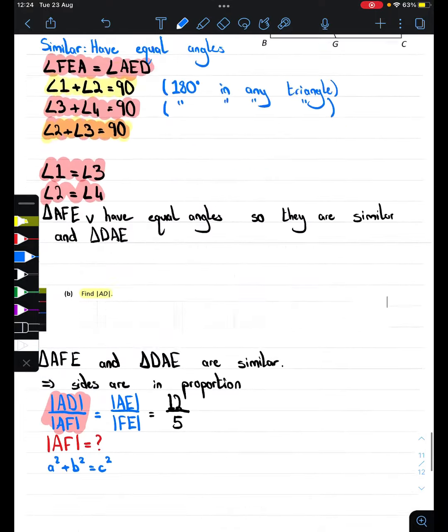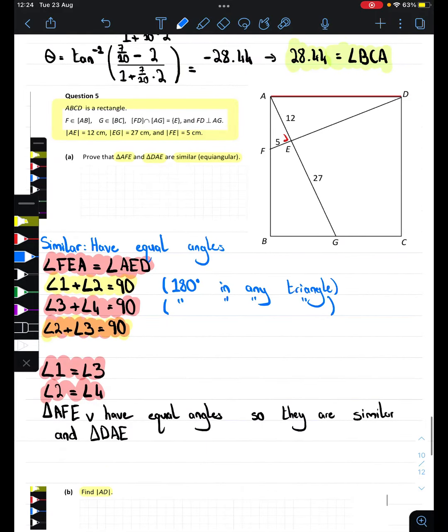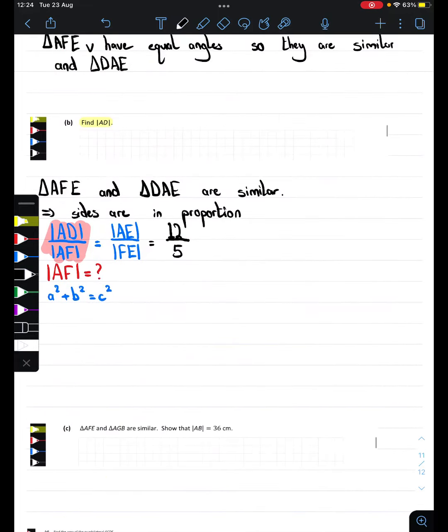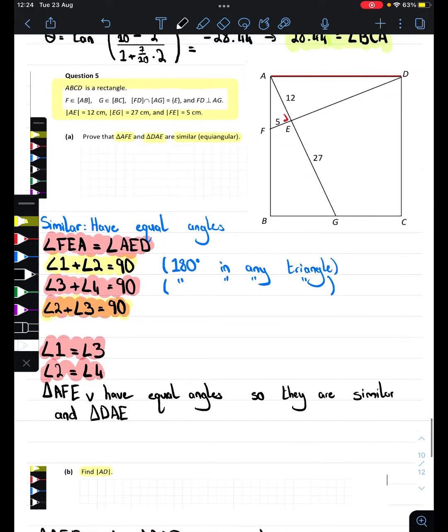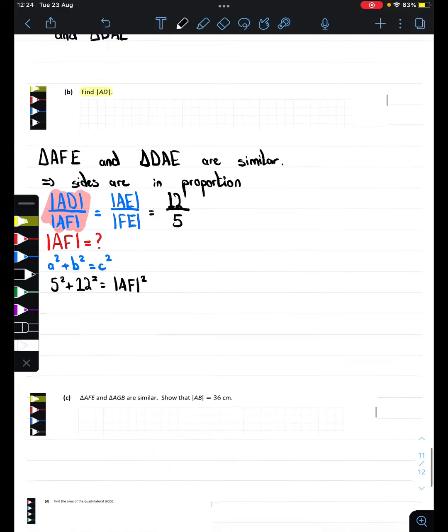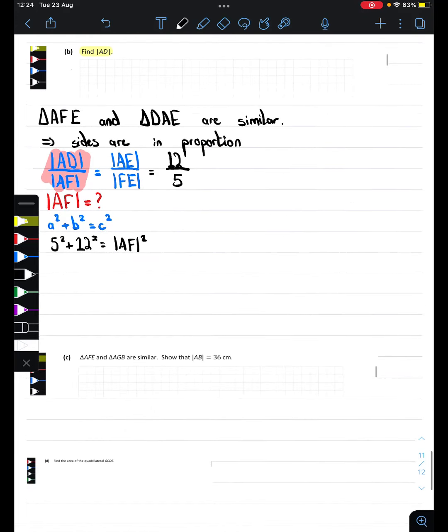In this case, the other two sides, FE and AE, are 5 and 12. So 5 squared plus 12 squared should equal the square of the hypotenuse, and the hypotenuse is the length AF. So 5 squared plus 12 squared is AF squared, which is 169.